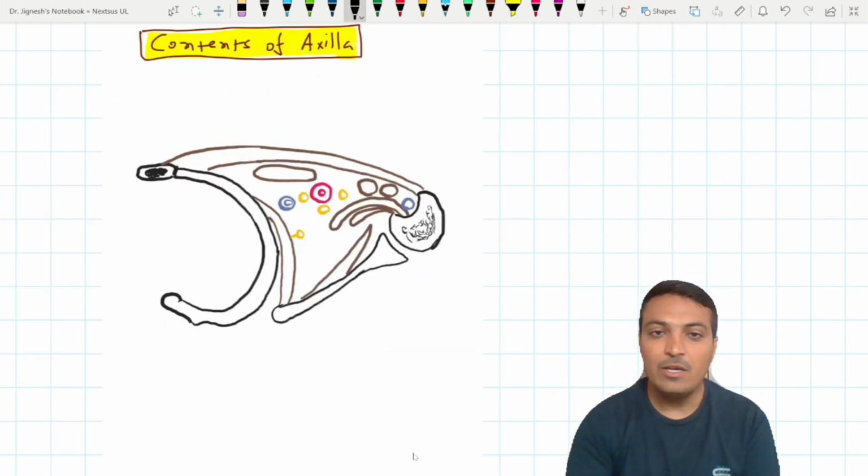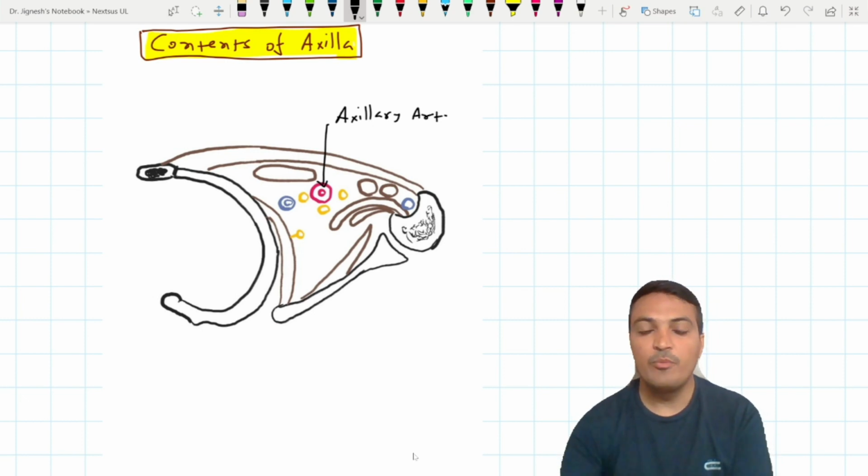The main content of this axilla is the axillary artery. The detailed anatomy of the axillary artery we are going to deal with in an upcoming session. Along with the axillary artery, we can appreciate that the cords of the brachial plexus are situated around it.